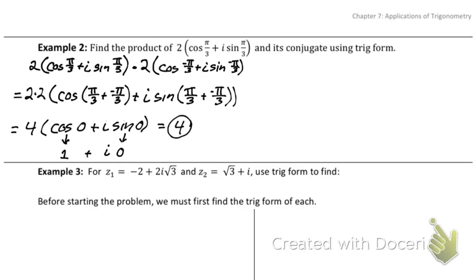But that 4 comes from the fact that we had 2 times 2. If this would have been 3 out here, it would have been 3 times 3. If it was 4, it'd be 4 times 4. So in fact, this 4 is really just our r times r, or r squared. So we really didn't have to do any of that work.